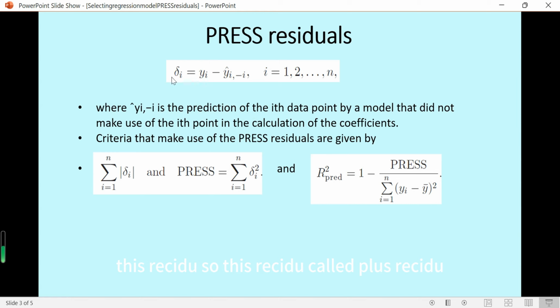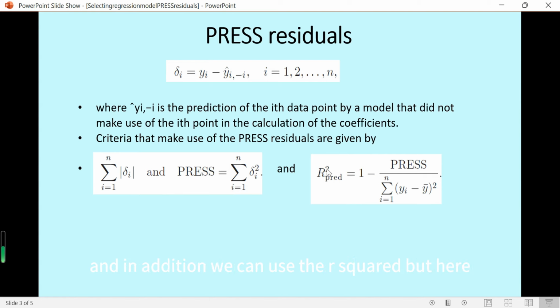So this residual is called the PRESS residual. And we can use the absolute value of the PRESS residual for each i-th observation, then take a sigma, or we can use the square, then take a sigma. So these are criteria for choosing the model based on PRESS residuals.